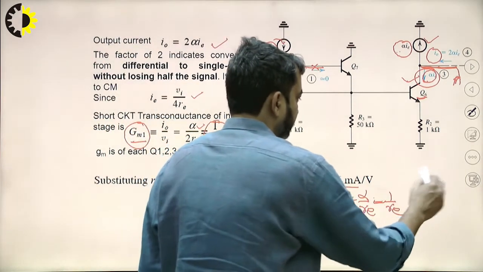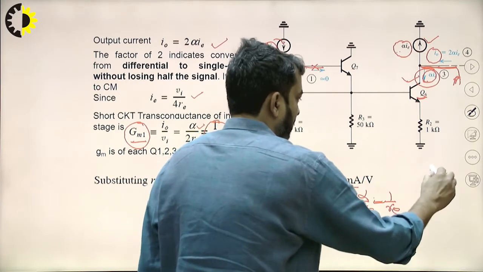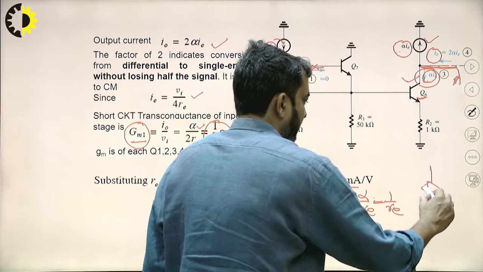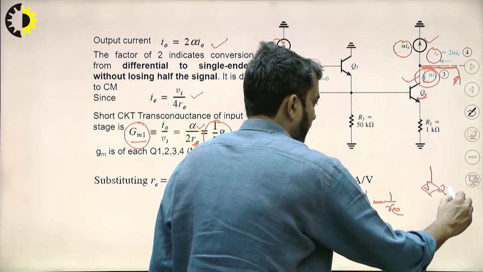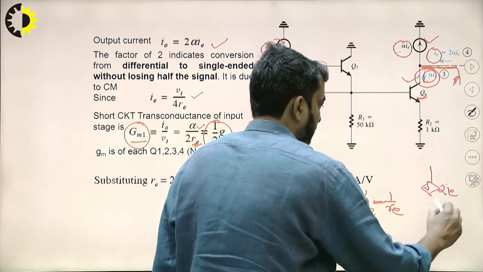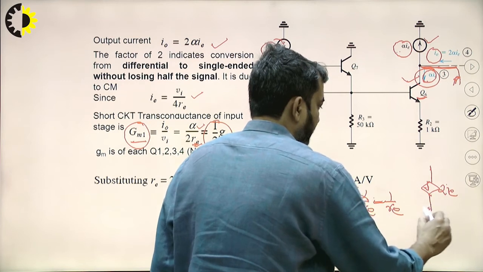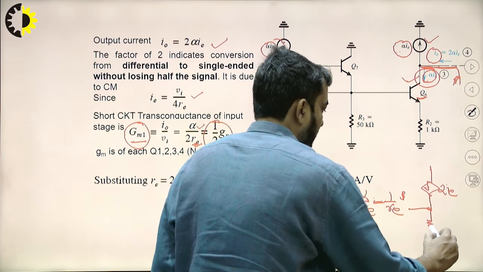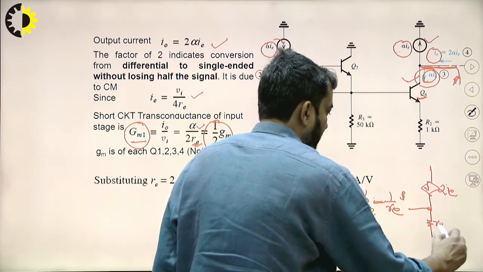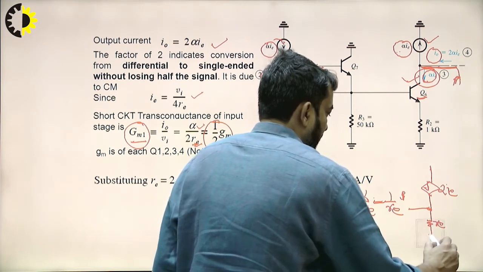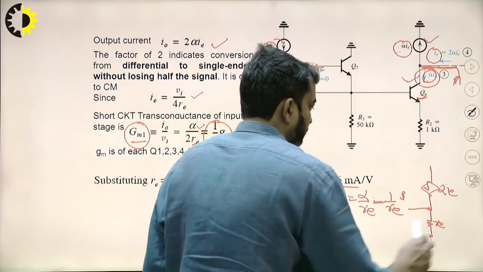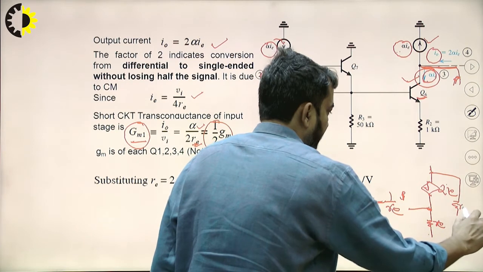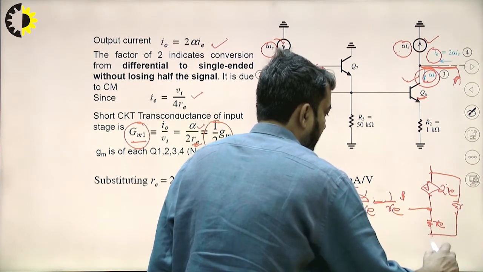If we see in a small signal model, this is the collector terminal, this is a dependent current source of value alpha IE, then there is a base terminal, and then a small emitter resistance, that is small Re, and we have resistance R0 connected between collector and emitter node.